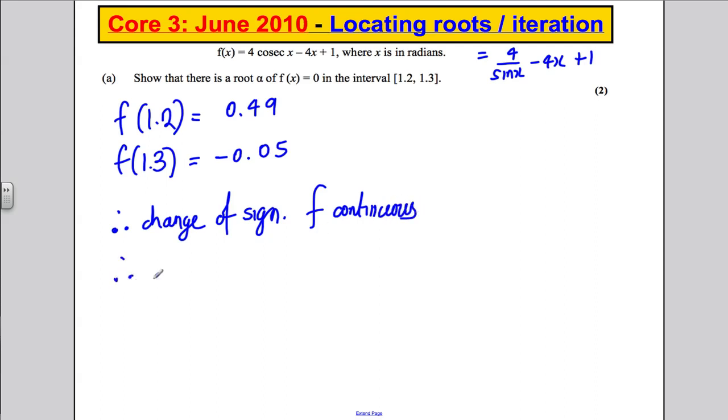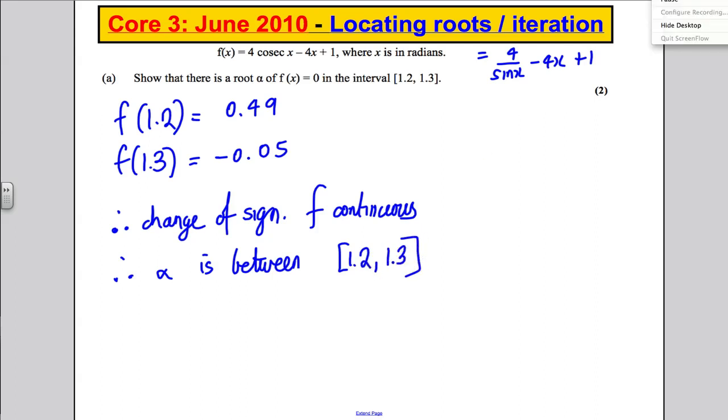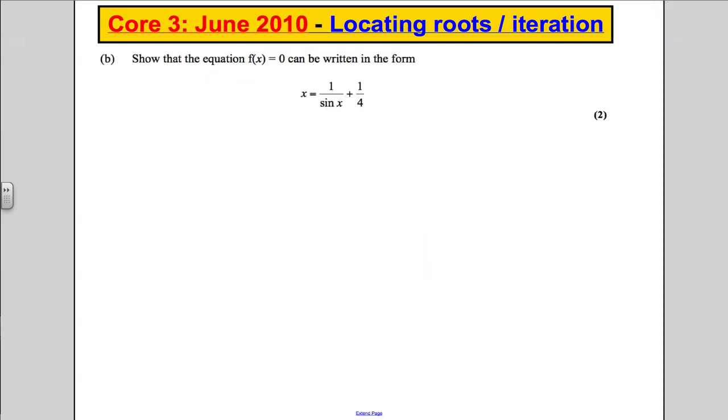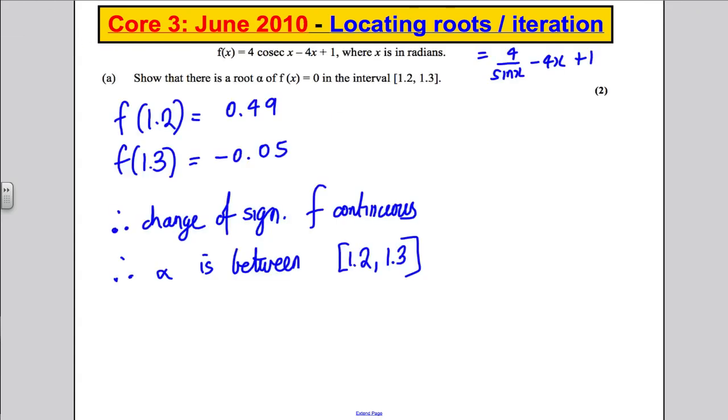Therefore you can say alpha is between 1.2 and 1.3, and you're done. Next question. Show that the equation can be written in that form, f of x is 0.